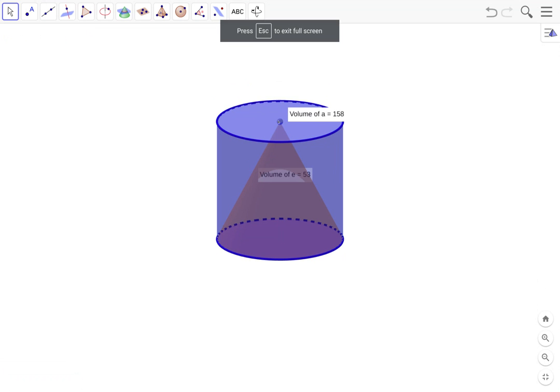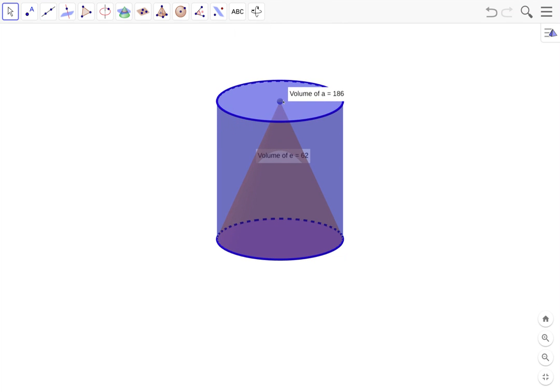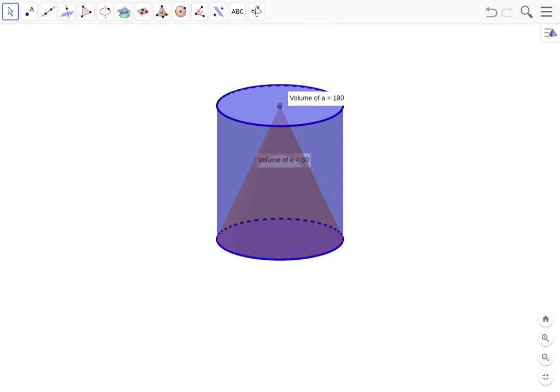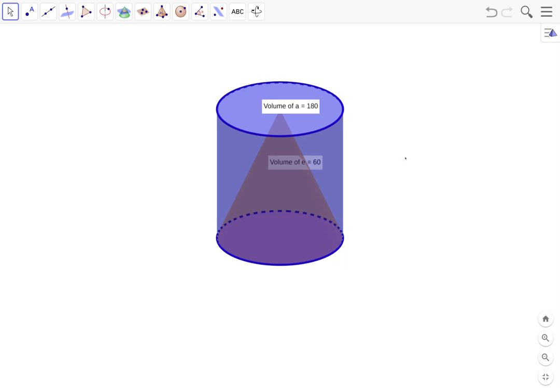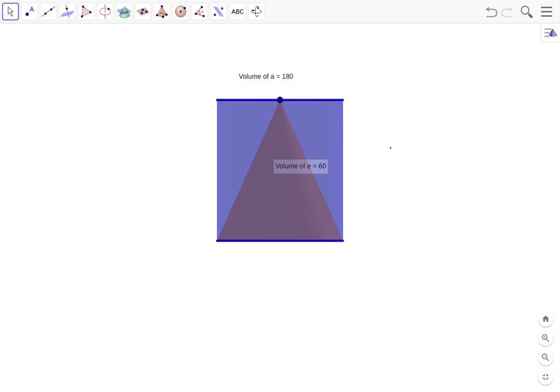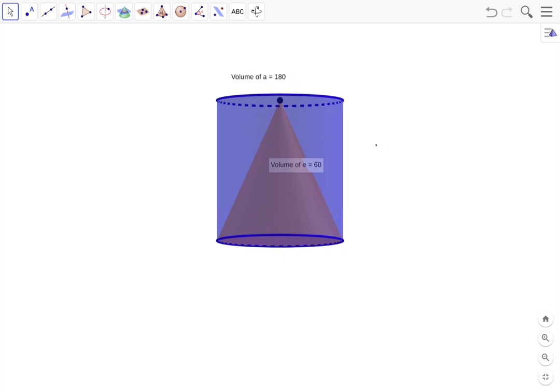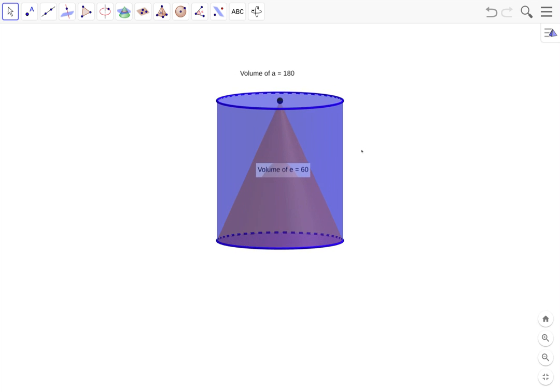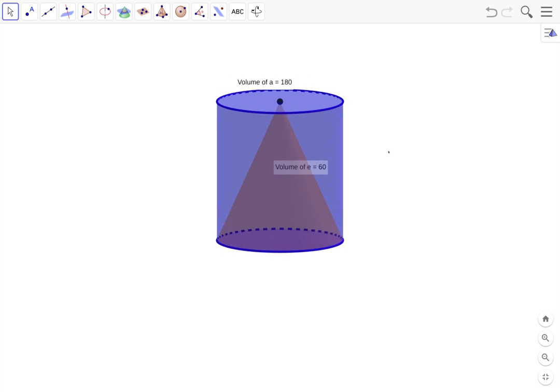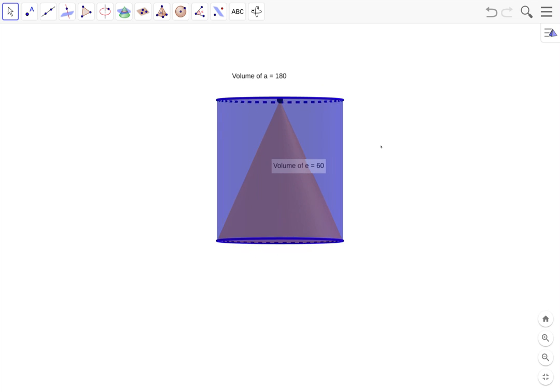So let's do 180 for the volume of the cylinder. A cylinder is a circular prism. Now the cone that fits inside of it with the same base and same height is 1/3 the volume. So if I have a volume of 180 for this cylinder, the volume of my cone inside is 60, 180 divided by 3.